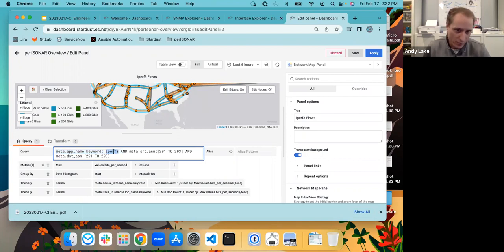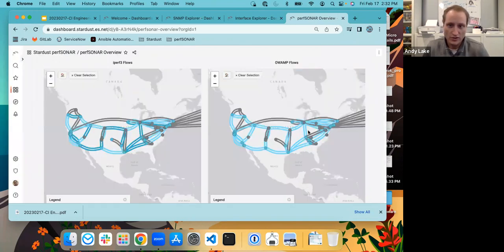So we can identify perf3 stuff if one of the ends is 5201. Then looking at the source and dest ASNs, just constraining it to the ESnet ASNs. Based on the name of the locations from the data in the query, it can map that to the JSON topology and draw it out, right? And so we get all the iperf data that way on the map, which is cool. And then likewise with OWAMP.